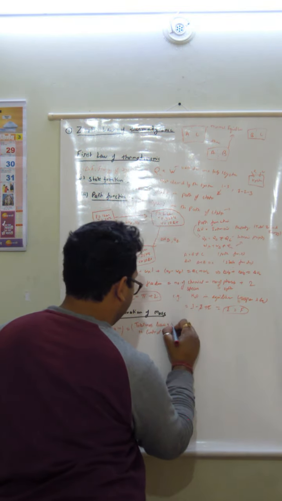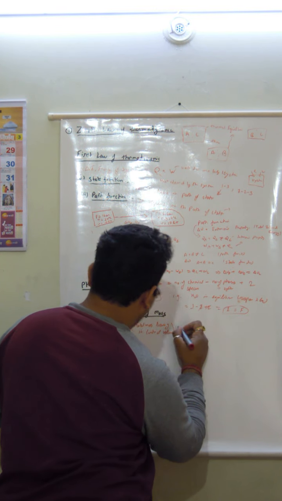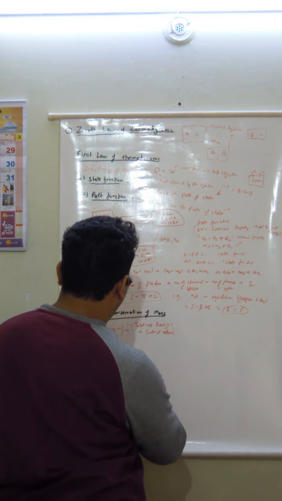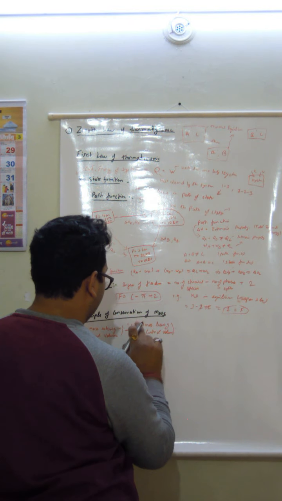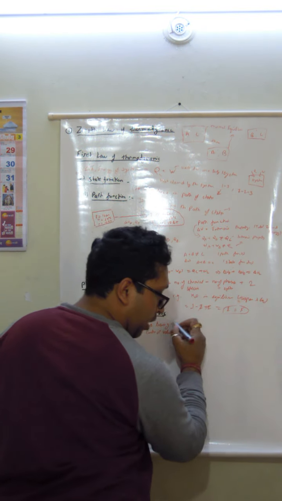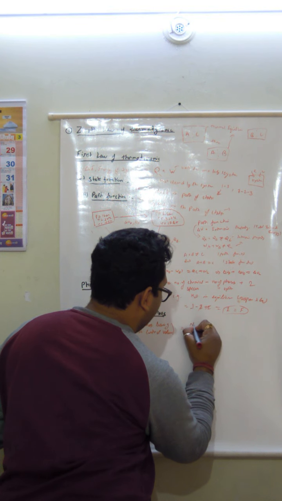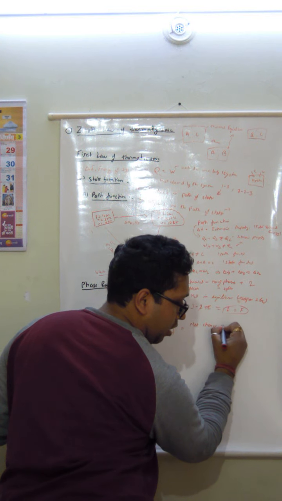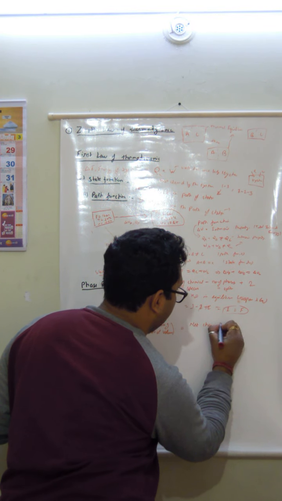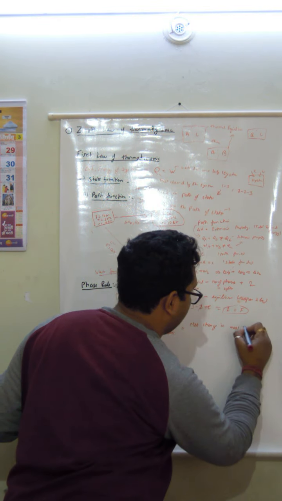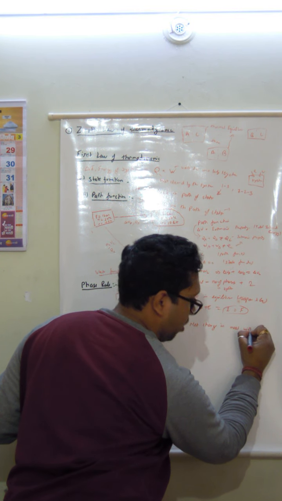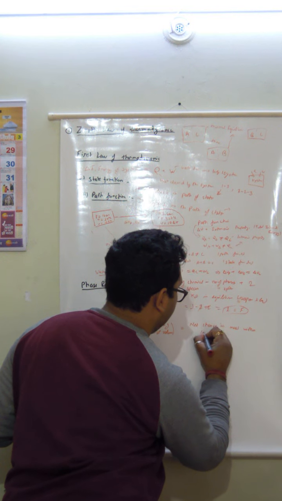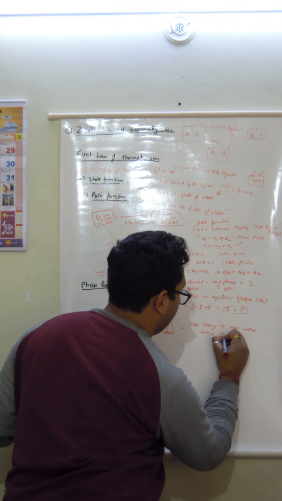The total mass entering the control volume minus the total mass leaving the control volume is equal to the net change in mass within the control volume.